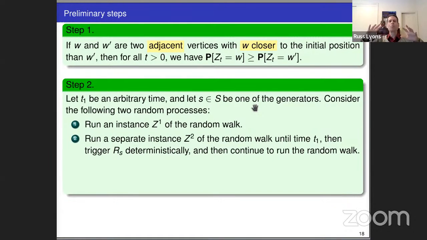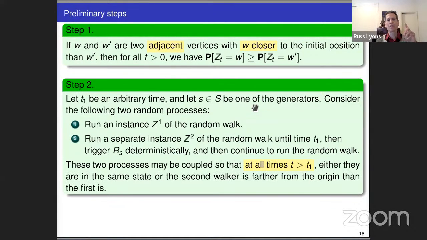So this is a very small change. Instead of increasing a generator, we only once increase a ring on generator S at time T1, all right? Now we're going to couple these two processes, Z superscript 1 and Z superscript 2, in the following way.